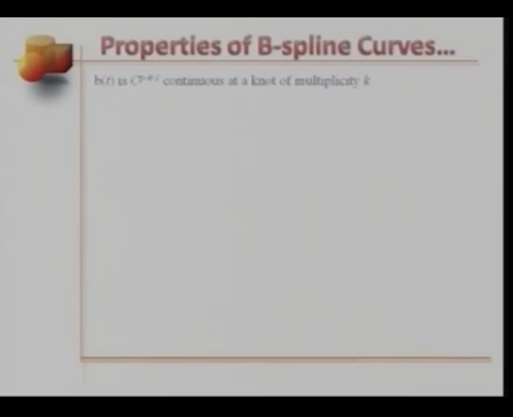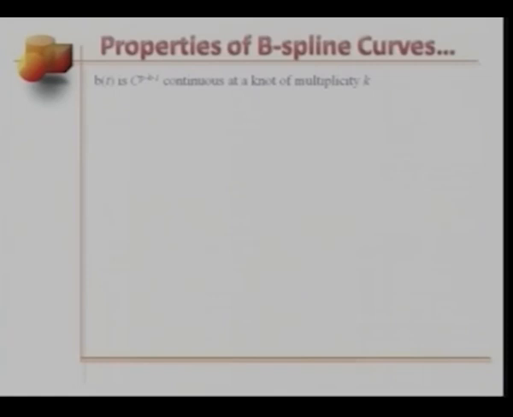A B-spline curve, B(t), is C^{p-k-1} continuous at a knot of multiplicity k. This is expected. Why? Because each individual B-spline basis function exhibits the same property.